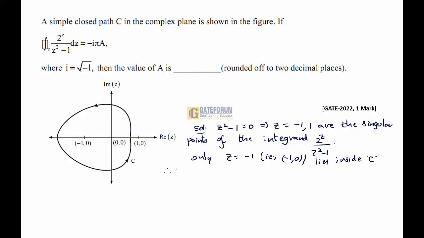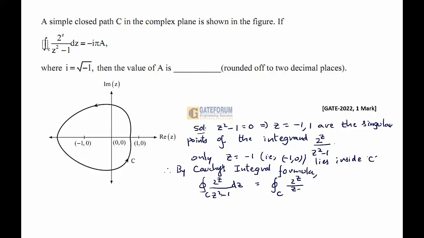Therefore, by Cauchy's integral formula, the integral over C of 2 power z by z square minus 1 dz is equal to the integral over C, where z square minus 1 can be written as z minus 1 into z plus 1. So this is 2 power z divided by z minus 1, whole divided by z plus 1, dz.